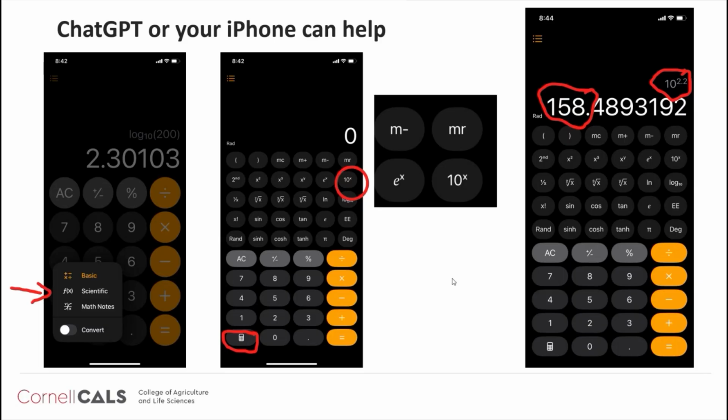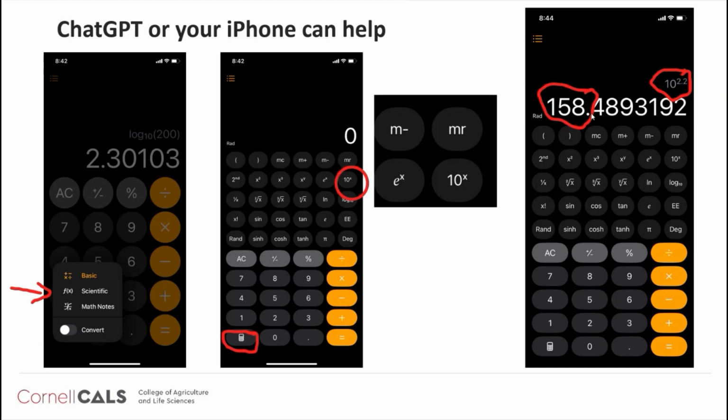Your iPhone, probably your other smartphones, can help you with it. You often have a scientific calculator with a function like 10 to the x. If I have 2.2 logs, I type 10 to the 2.2, and it tells me 158. So a 2.2 log reduction is roughly a 160-fold reduction.